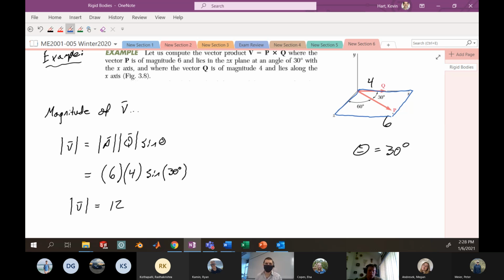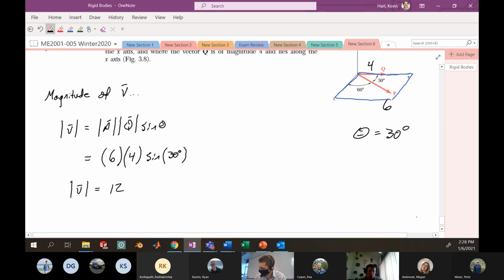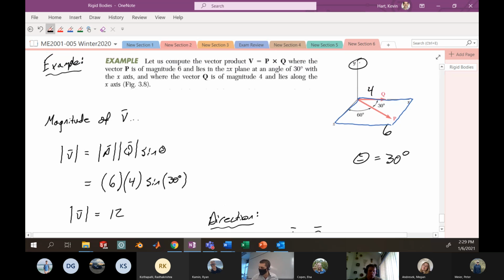And then in order to determine whether it's positive or negative, we need to apply the right-hand rule. So remember here that we're doing, our vector V is P crossed with Q. So if I'm going to follow the right-hand rule, I'm going to stand myself at the y-axis, like I'm standing on this y-axis, and I'm going to stick my arm out in the direction of P, right?